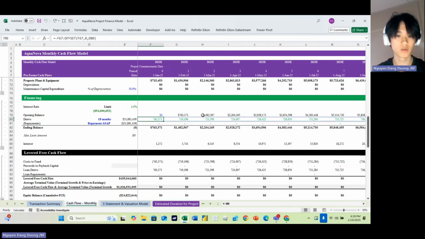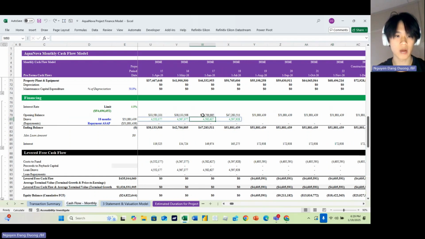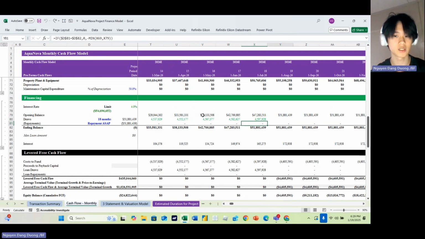With this assumption, we borrow for 18 months. As we borrow for 18 months, our debt increases, and therefore that translates into interest being paid, and the interest is capped at 4% per annum on our debt balance.